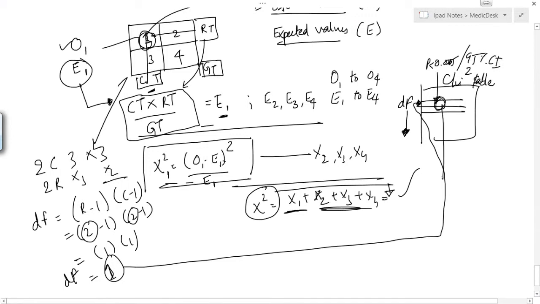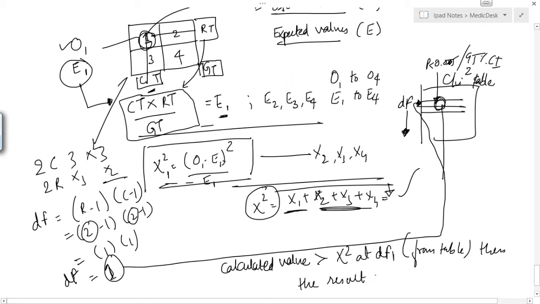If the calculated value is greater than the chi-square at degree of freedom 1 from the table, then the result is significant. If not, it is by chance. So that was the chi-square test.